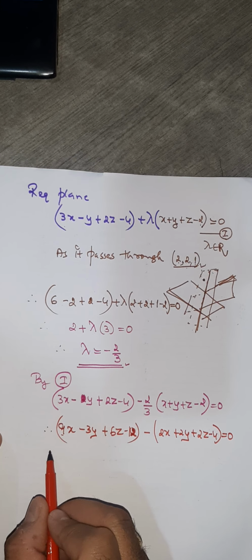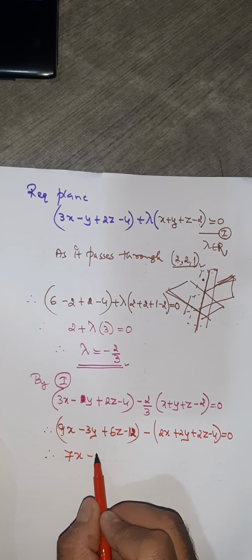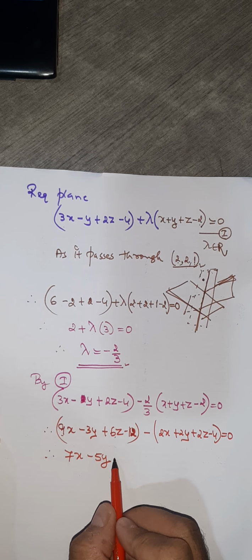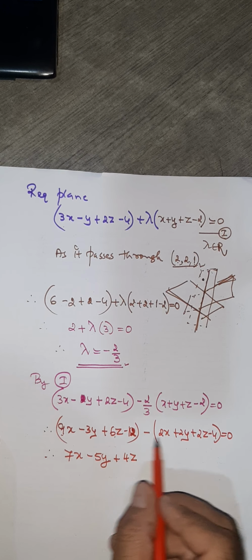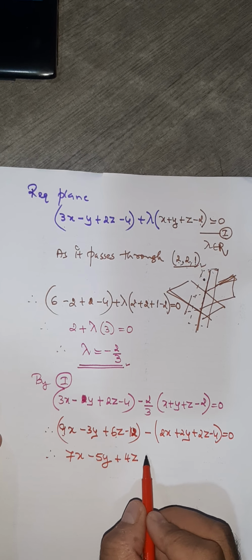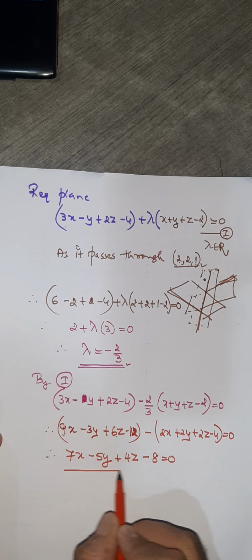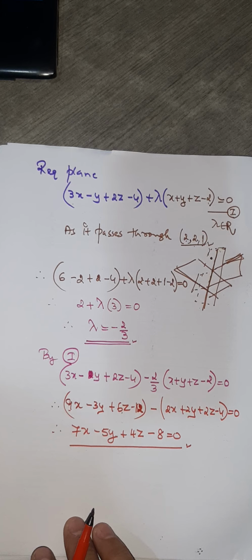So 9 minus 2 is 7x, minus 3 minus 2y is minus 5y, 6 minus 2 is nothing but 4z, and minus 12 plus 4 would be here minus 8 equals 0. That's the required plane, right? So whenever you have the word, which is an important word here, that the plane passes through the intersection of these two. Next is the same question.